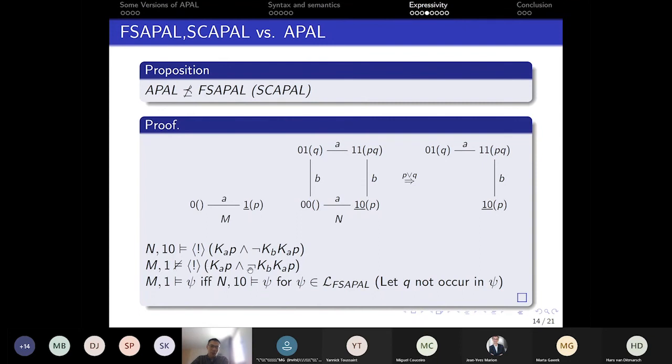So this formula can differentiate M1 and N10. On the other hand, we can show if there is a corresponding FS-APAL formula psi, and we assume that Q is a new atom, which doesn't occur in psi. So we can show psi cannot differentiate M1 and N10.